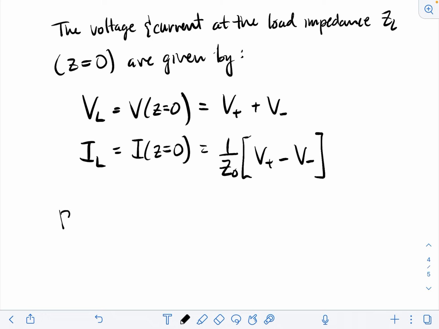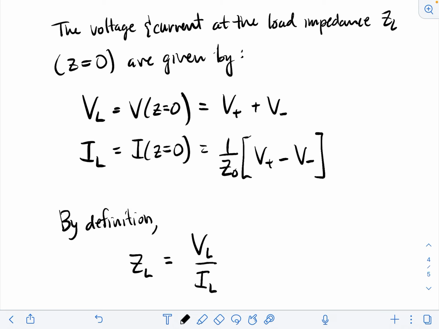So by definition, if we know the voltage and current at our load impedance, then the value of ZL has to be VL divided by IL. If you take the ratio of the voltage across our impedance divided by the current in our impedance, that has to be equal to ZL.